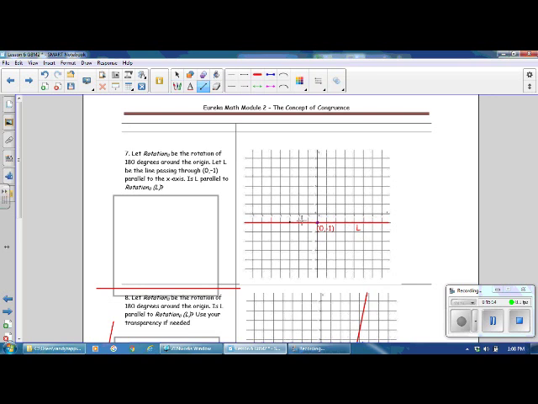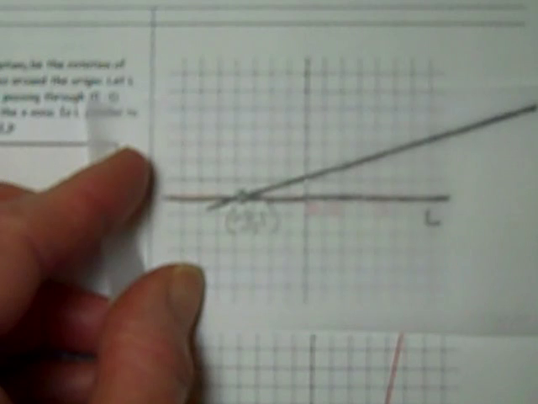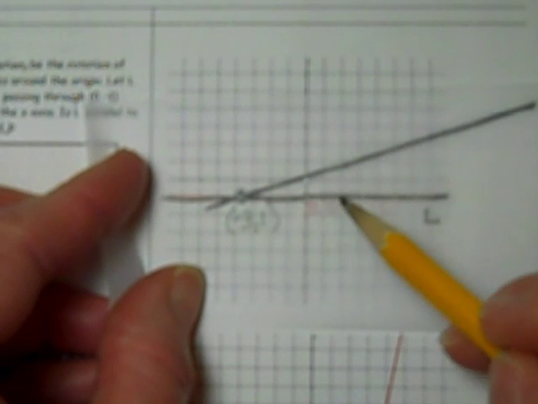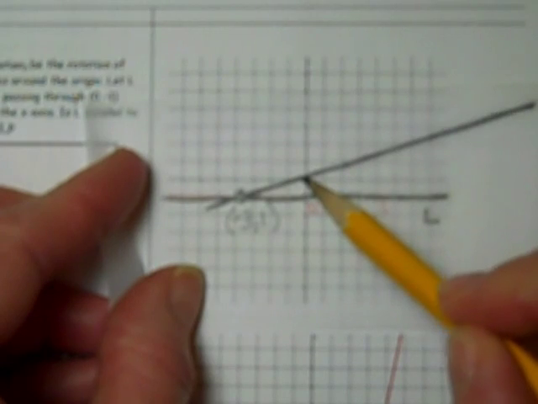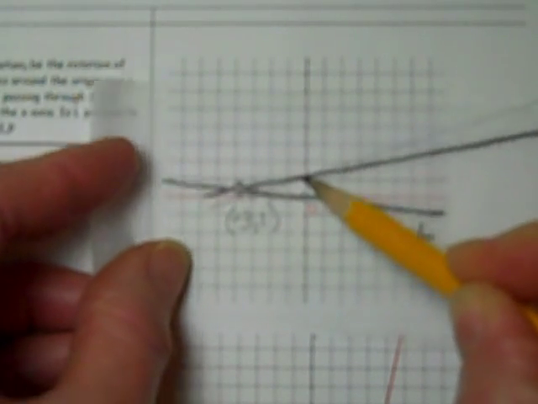Then draw a line through that point and continue it past the origin. Trace those lines onto your paper and then rotate your image 180 degrees. Place your pencil tip on the origin and rotate your figure 180 degrees.